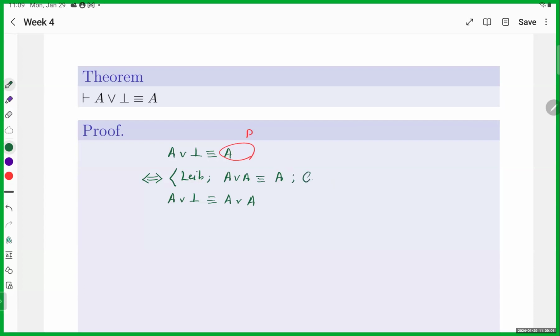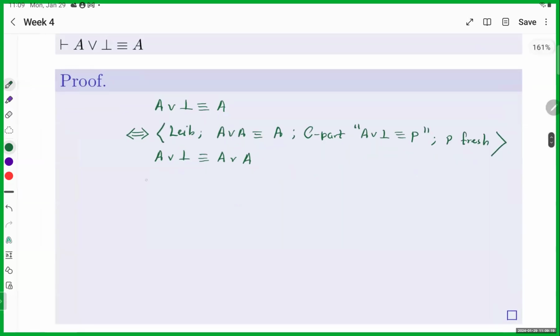What is the C part of the Leibniz? It is A or bottom is equivalent to P. P is fresh. Now undistribute.